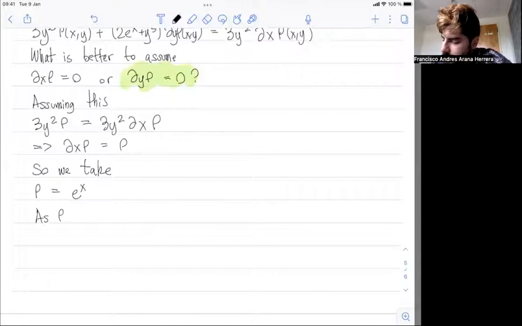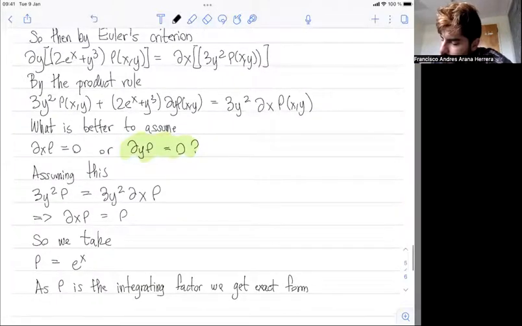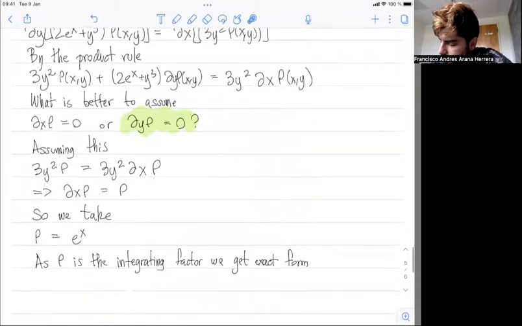As rho is the integrating factor, we get an exact form, the form that we constructed by multiplying by rho. So this form over here will now be exact. Let me just write it down.